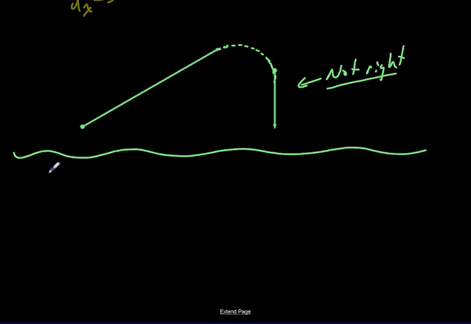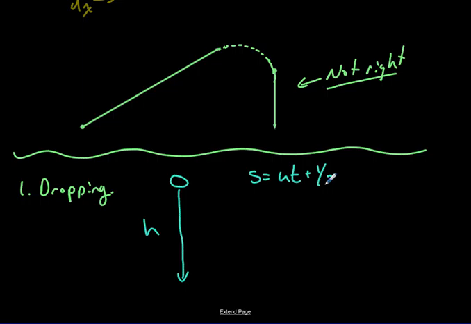So the first one we'll look at is dropping. So I take an object and drop it down from some height, okay? I am going to use my famous formula, s = ut + 1/2 g t squared.